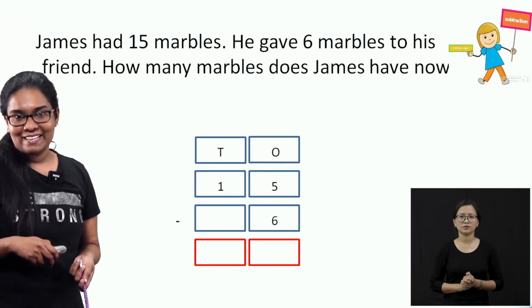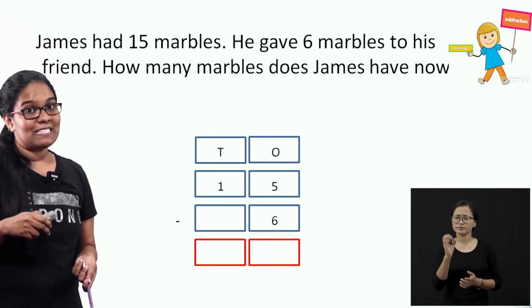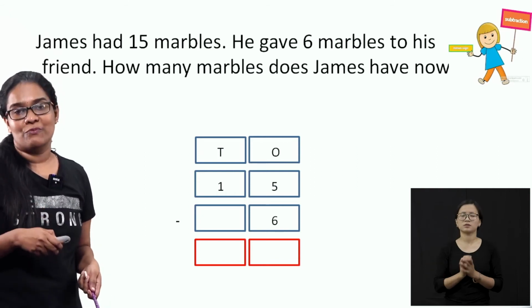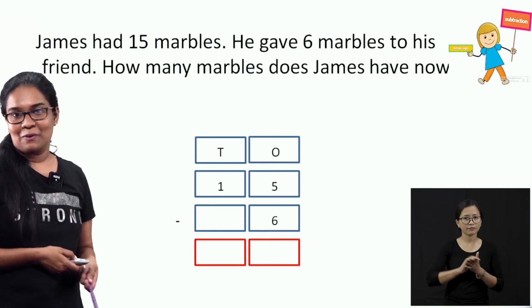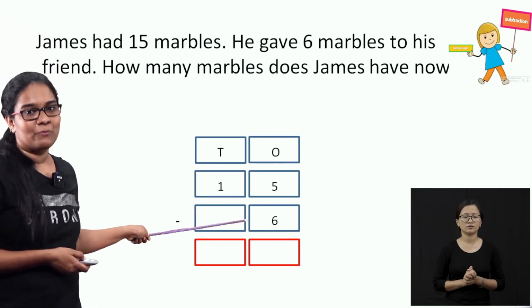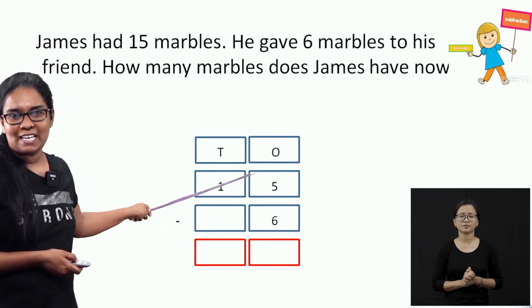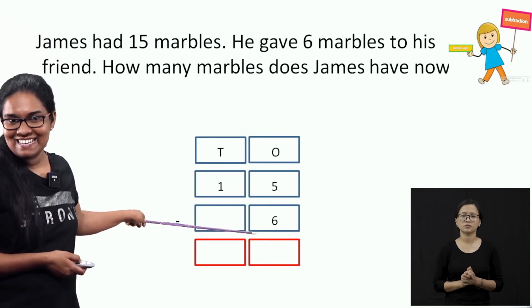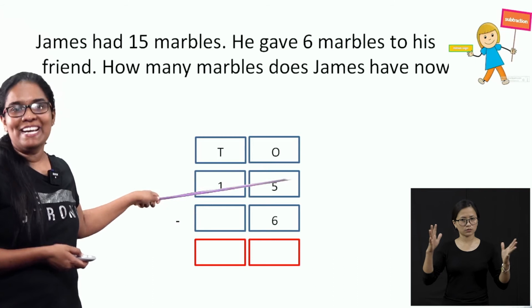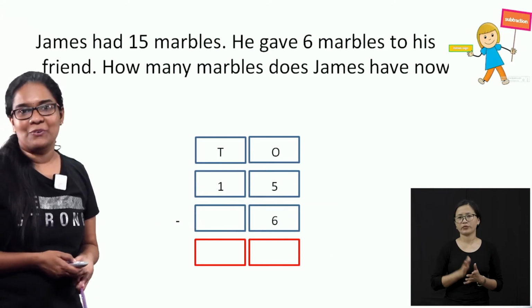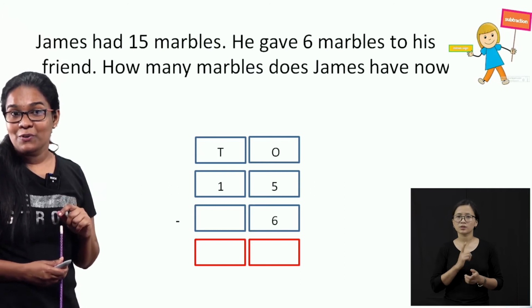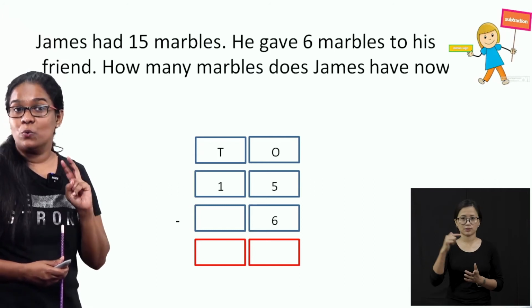For finding the marbles that James has, we want to subtract the 6 from 15. Which one is the bigger number, 15 or 6? 15 is the bigger number. Very good. Then I already taught you for subtracting two numbers.